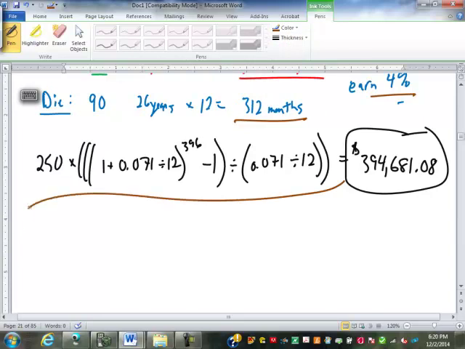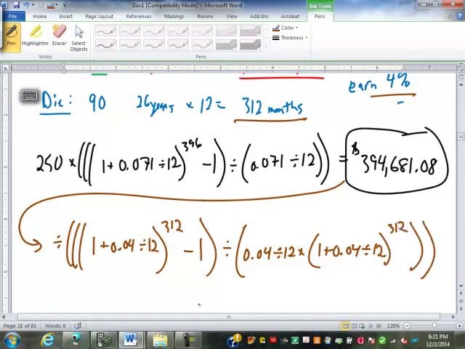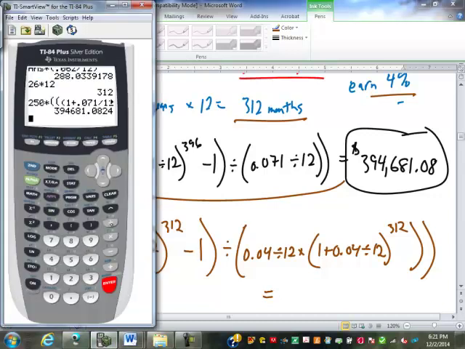So we're going to take that number right there divided by 1, 2, 3. 1 plus 0.04 divided by 12 to the power of 312 minus 1, close, divided by open, 0.04 divided by 12 times, parentheses, 1 plus 0.04 divided by 12, close to the power of 312, close and close. So, there's a mouthful.